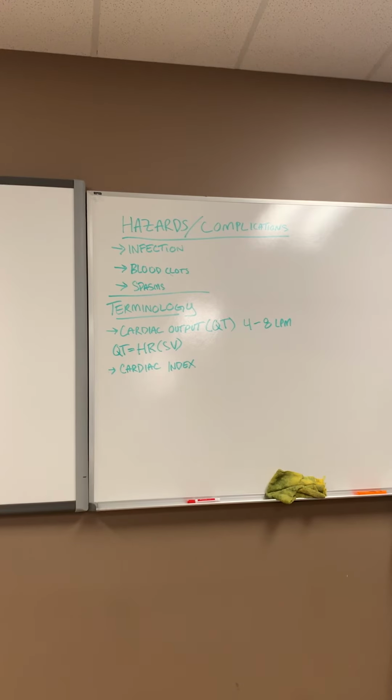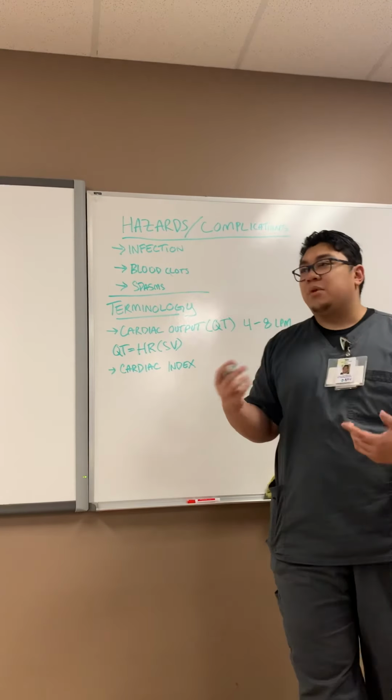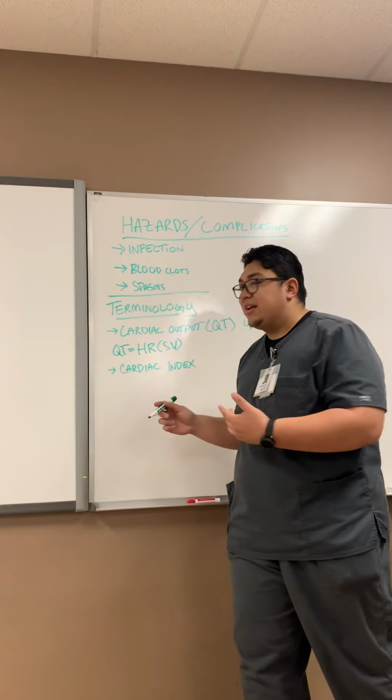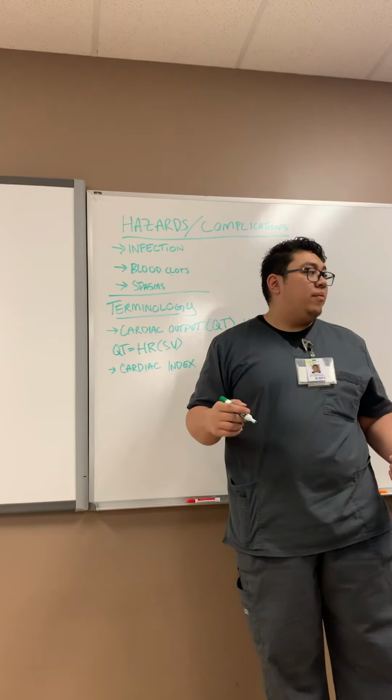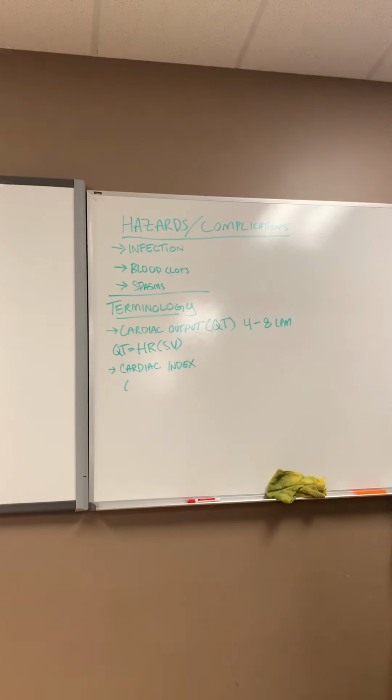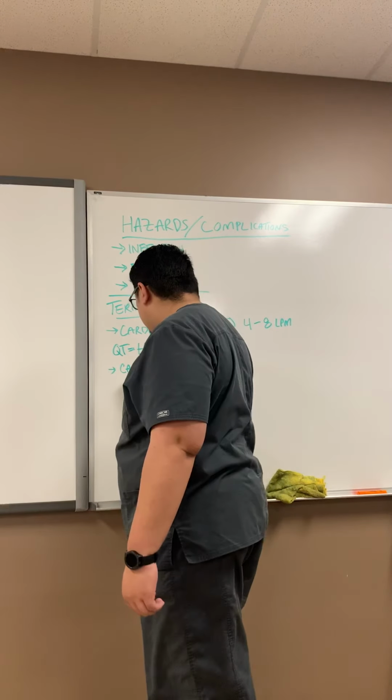It measures blood flow per minute, but it also takes into account the body surface area. So remember what I was saying, people who are larger have more blood to deliver. So cardiac index takes that into account. Let me double check. Blood flow per minute, but uses body surface area, which takes into account patient size.